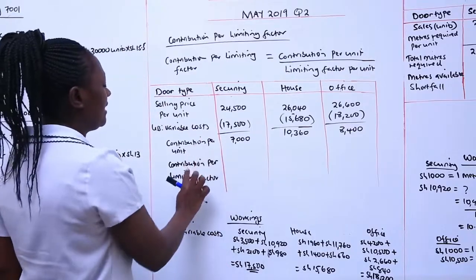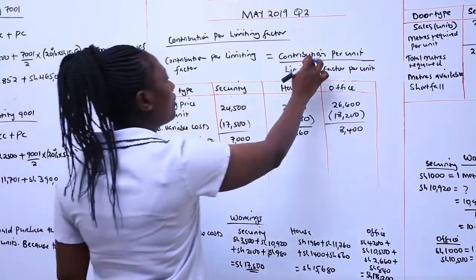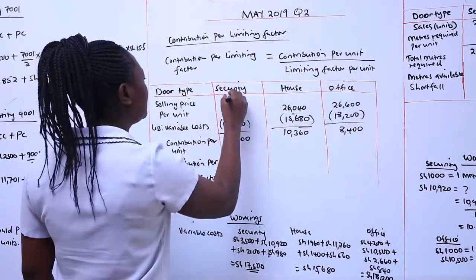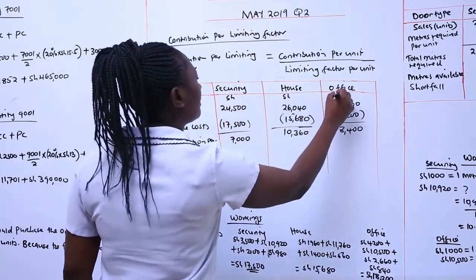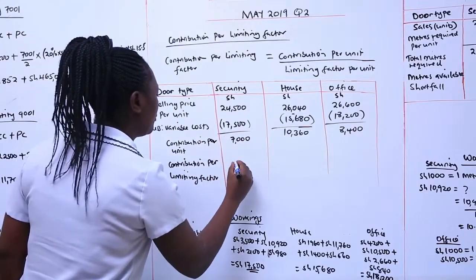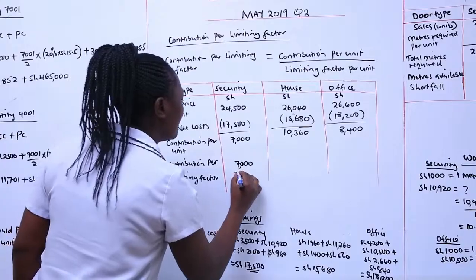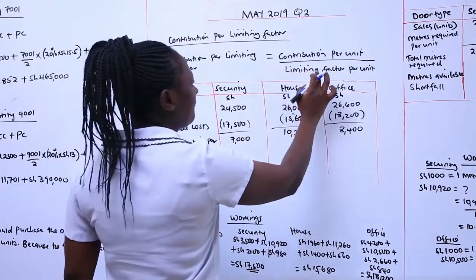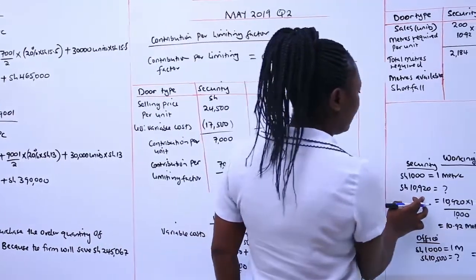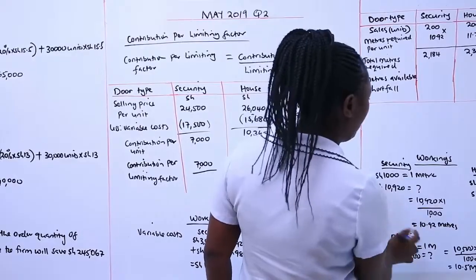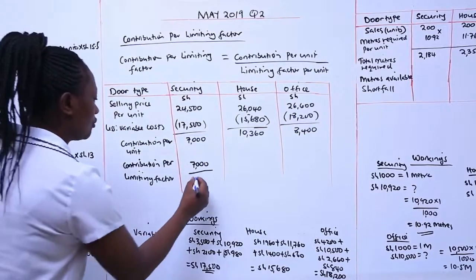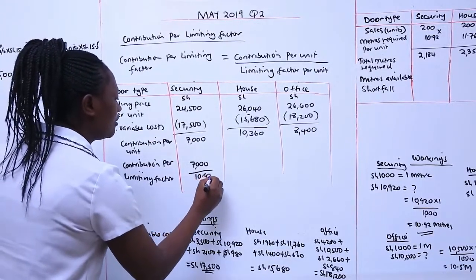So we say that contribution per limiting factor is contribution per unit. So these are in shillings. Contribution per unit is 7,000 for security. So we'll have 7,000 divided by the limiting factor per unit. From our first table, the limiting factor was the number of meters, and for security was 10.92. So we divide this by 10.92 meters.